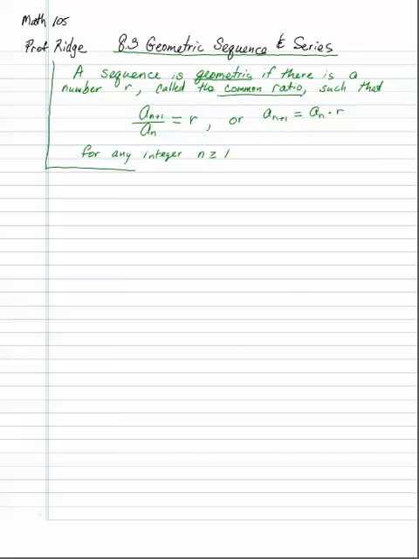So again, it's the common ratio because we take the ratio of two terms to get r. And this is how you build the geometric sequence recursively.